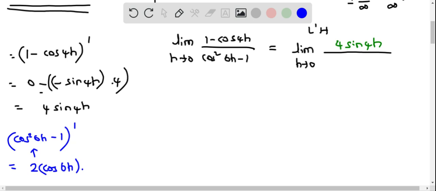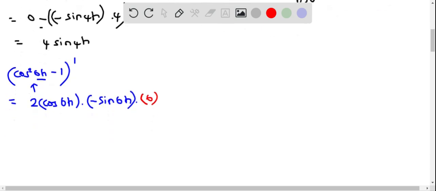Then I apply the chain rule to find the derivative of cos of 6h, which is negative sine 6h. Once again, I apply the chain rule to find the derivative of 6h, which gives 6. So this is what I get. Now we can simplify this. We have positive 2, negative 1, and 6, so it is negative 12. I can put this as negative 12 times sine 6h in front and cos 6h in the back.